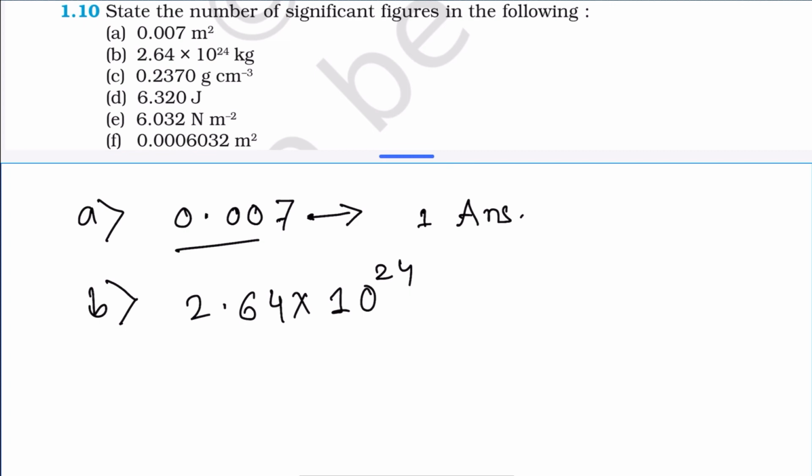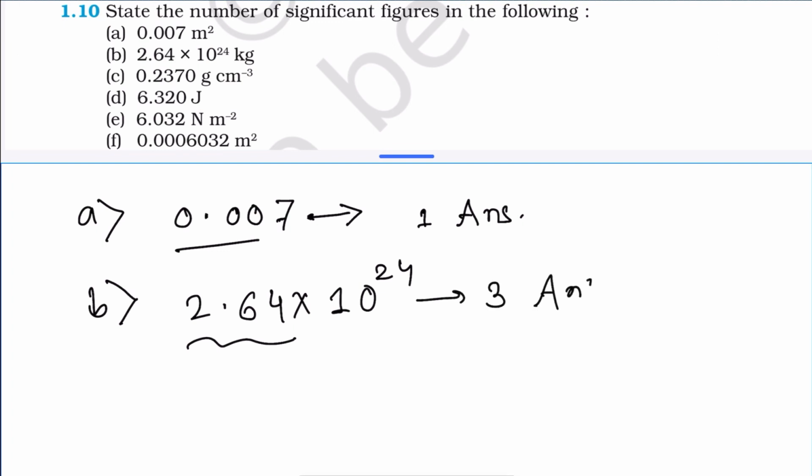This b is called the order of magnitude. So the number of significant figures is that in 2.64 itself. There are 3 significant digits here, so 3 is the answer.